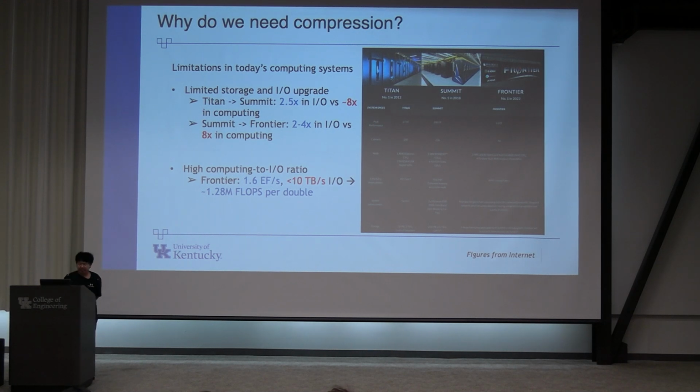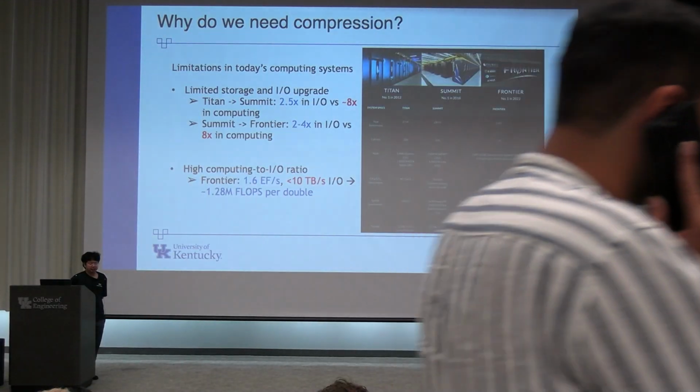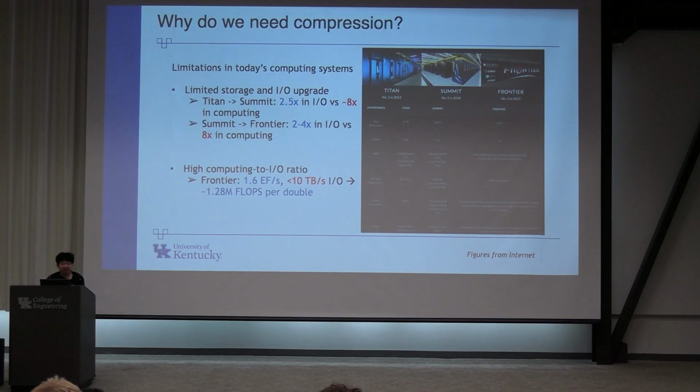If we look at the update on storage and I/O from Titan to Summit, there is a 2.5 times improvement in I/O performance, but X times in computing speed. Similarly, from Summit to Frontier, there is only a 2 to 4 times speedup in I/O compared with 8 times in computing.